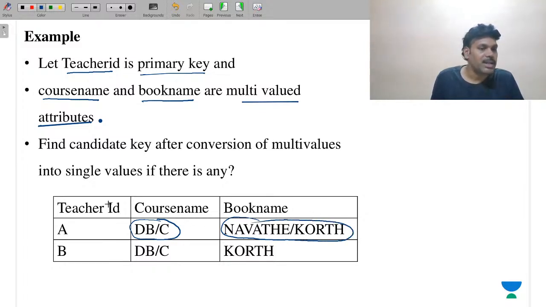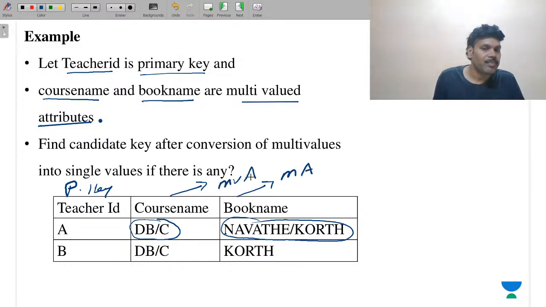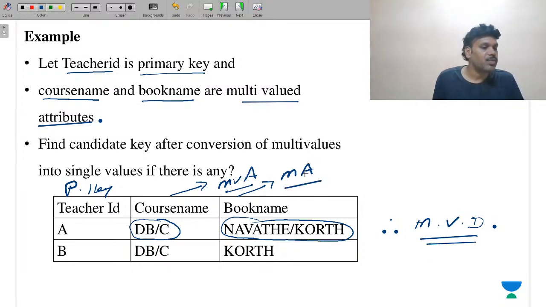But teacher ID is the primary key. Therefore, you can confirm this and this are multi-value attributes. So we can confirm there is a multi-value dependency, no doubt in that, because you have more than one multi-value attribute.